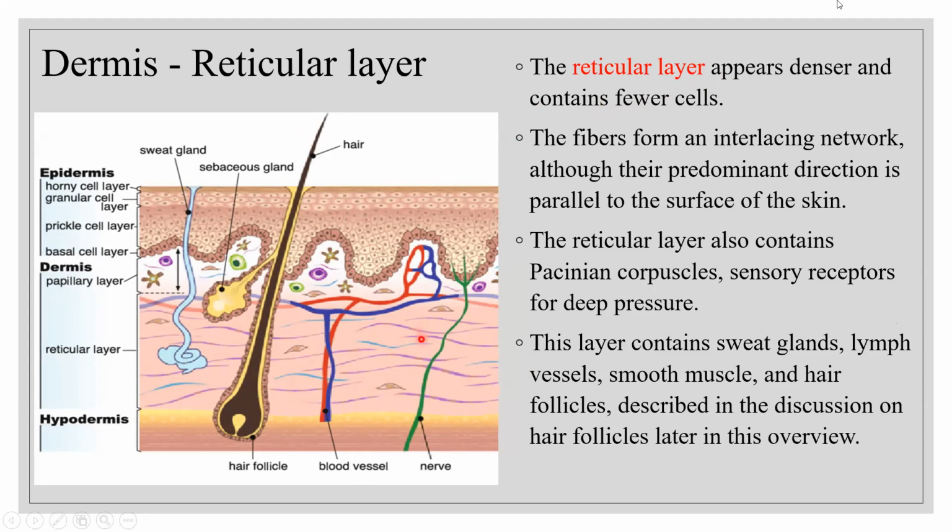The reticular layer also contains Pacinian corpuscles, sensory receptors for deep pressure, and this layer contains sweat glands and lymph vessels. So here, it comes along with the vessels. The smooth muscle, can you see smooth muscle here?